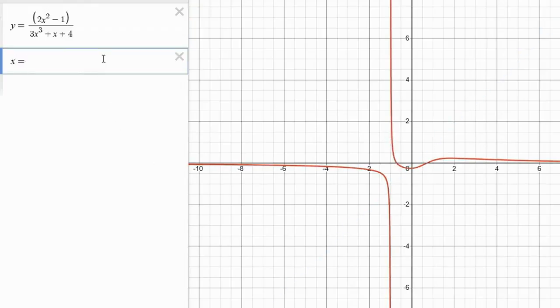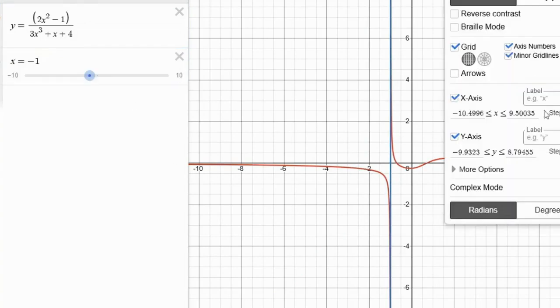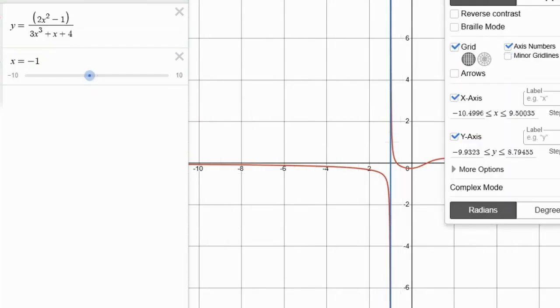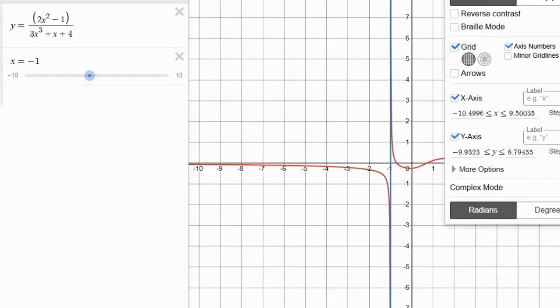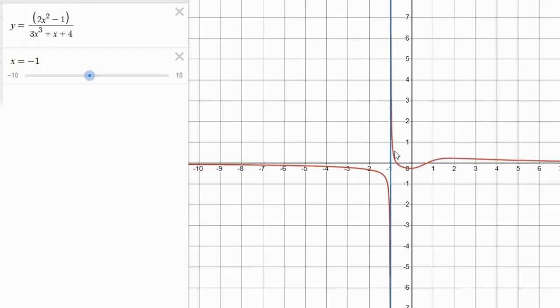X equals negative 2. Oh, negative 1. Oh, this is going by 2. So, yeah, let me fix that. I don't like little minor grid lines. Make it go by 1s. So when the graph gets close to that point at x equals negative 1, the right side of the graph increases towards infinity very rapidly, where the left side goes towards negative infinity very rapidly.